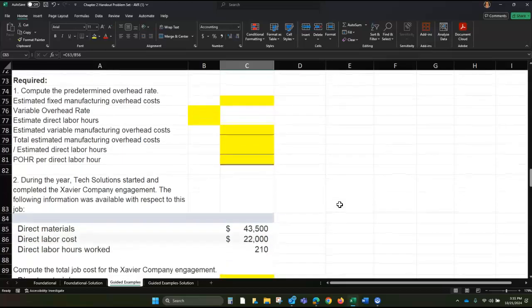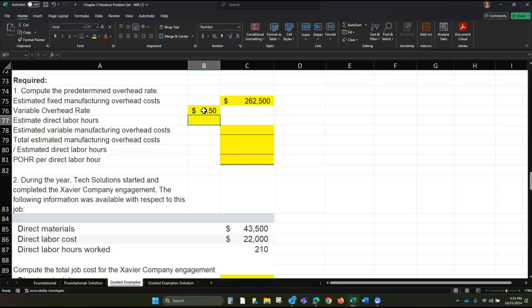So then they ask, compute the predetermined overhead rate. All right? So one, we start off with estimates. When we are computing the predetermined overhead rate, we're dealing with estimates only. So the fixed manufacturing overhead cost estimate was 262,500. The variable overhead rate that they gave you was 50 cents.